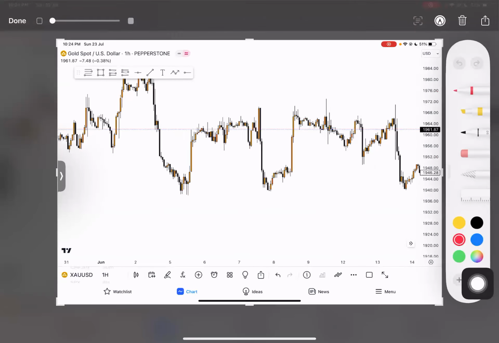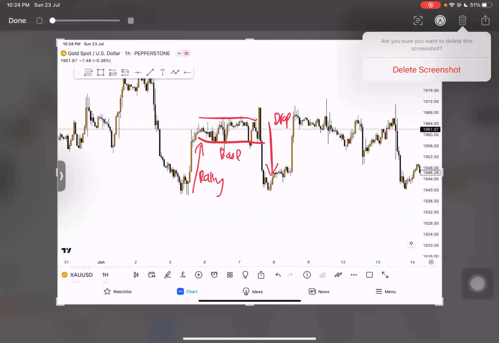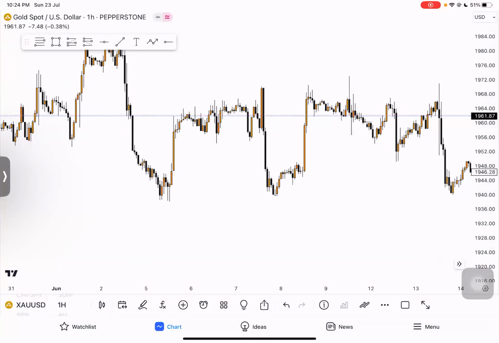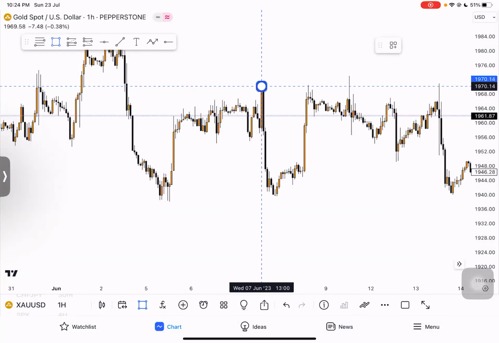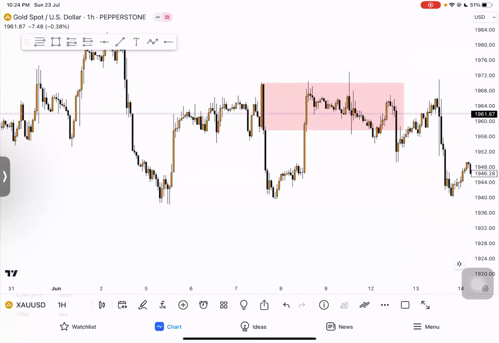In this area you can see this one is the rally, right? This is the rally, and this area will be the base, and this will be the drop. So how can you draw it? You can mark it as a zone. Same theory: you just mark the last bullish before the drop.